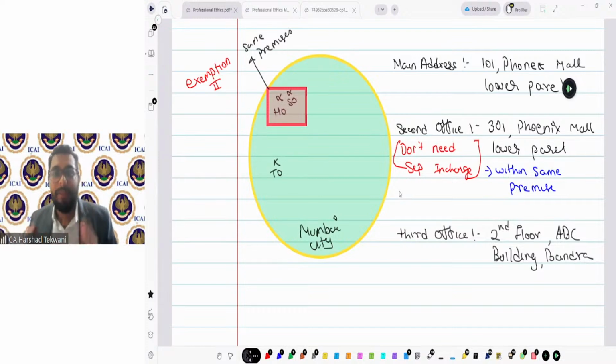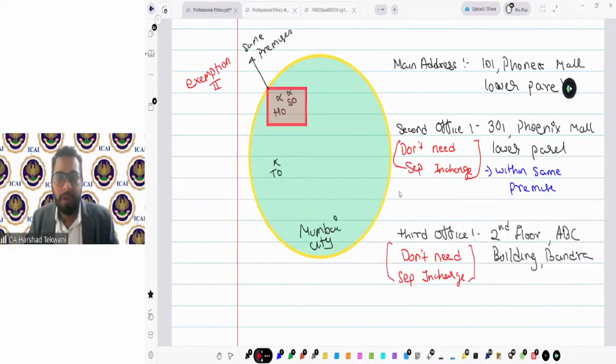We need to see the term actual city, not how we interpret it in daily life, but the actual municipal boundaries. So if I open the third office on the second floor, ABC building, Bandra, again I don't need a separate in charge. Why? Because the logic behind it is that it is in the same city.